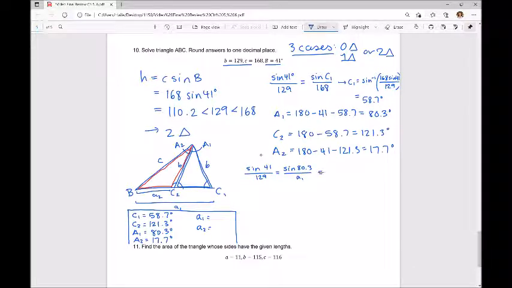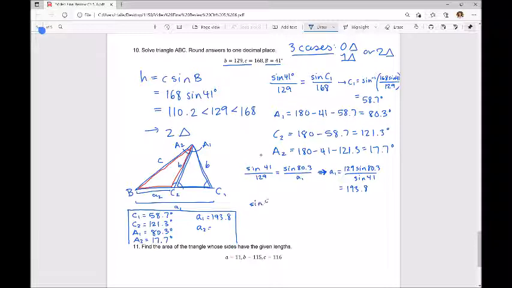If we solve this for A1, we'll get A1 is equal to 129 sine of 80.3 over sine of 41, which if you put that in the calculator, you should get 193.8. So A1 is 193.8.